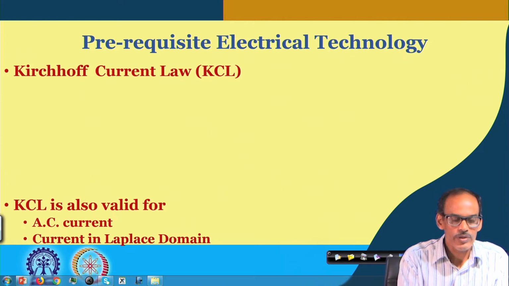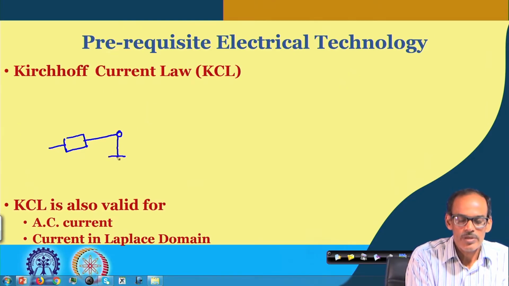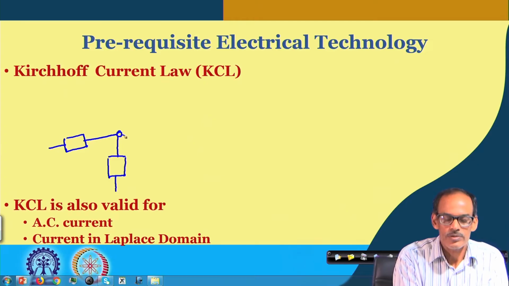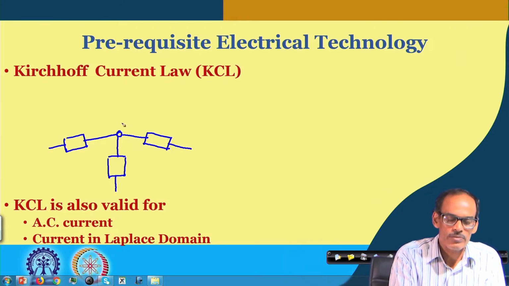There we consider one circuit node, and we assume that to this circuit node there may be different circuit elements connected. Those elements may be active or passive or whatever it is. In electrical technology, most of the time we consider elements which are resistive or maybe inductive or capacitive, and so on.